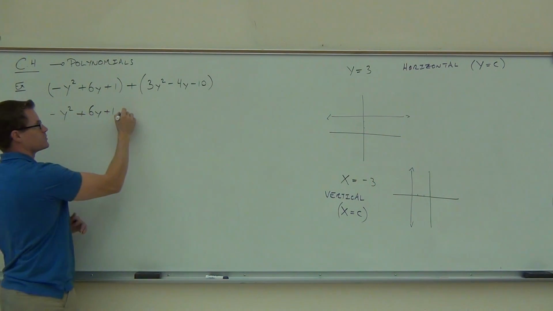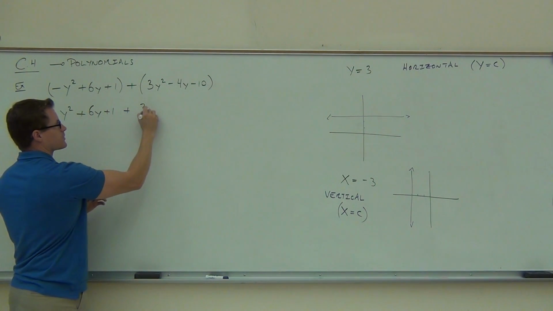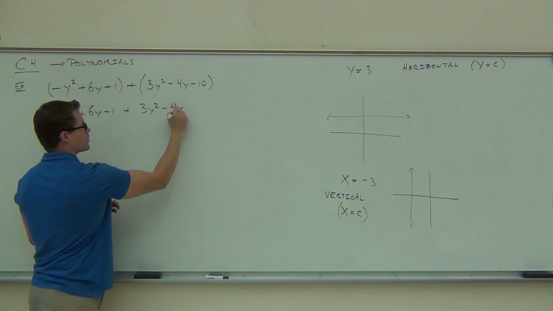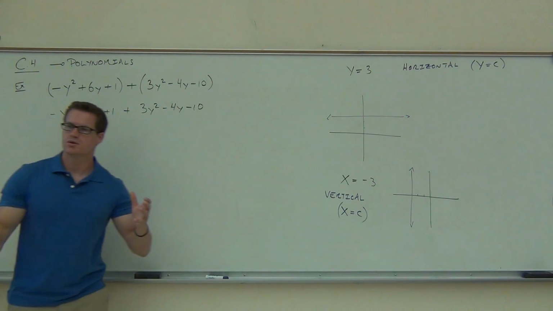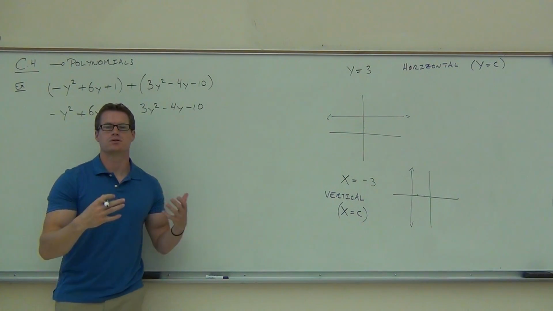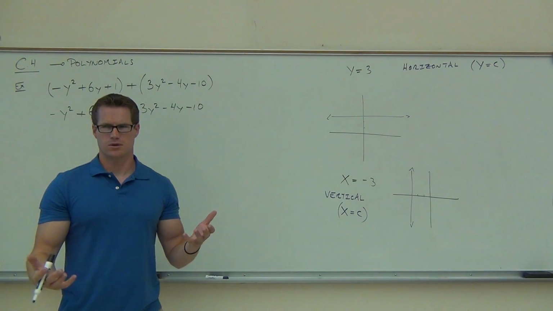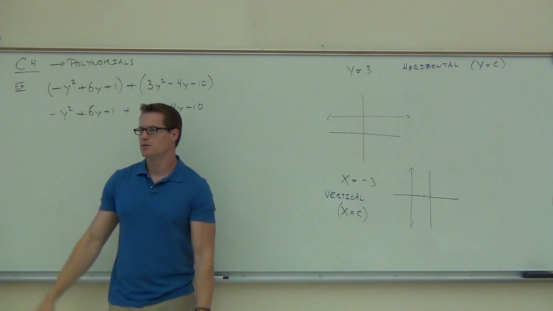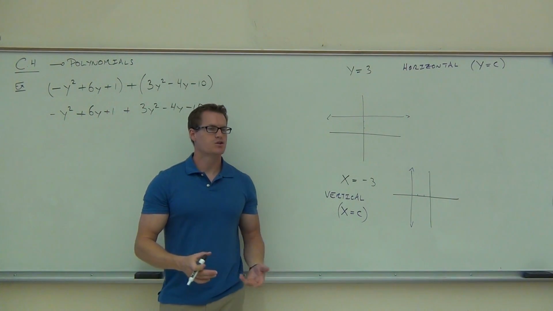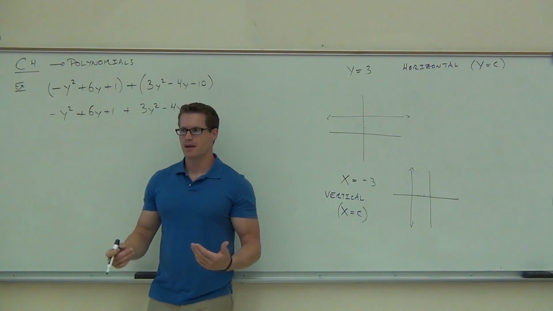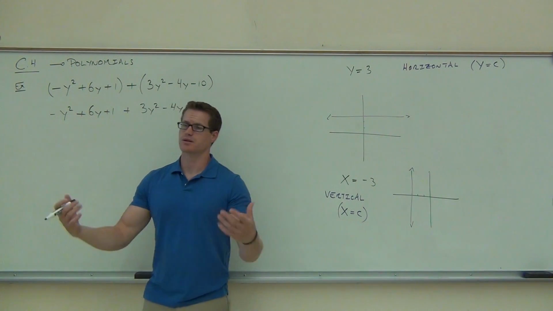The plus is still going to be there. I'm going to have the 3y squared minus 4y minus 10. Nothing to distribute, no minus, nothing's going to change here. You still with me? What now? Yeah, that's it. If you know how to combine like terms, you're done. So basically, adding polynomials is eliminating parentheses and combining like terms.